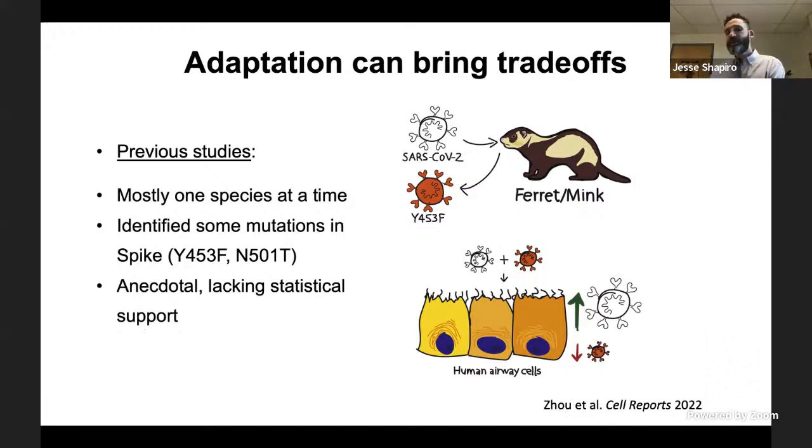So there can be a trade-off where if you select to infect one animal, it might reduce the ability of the virus to infect humans. So that could be potentially a good thing, but it's something that we certainly want to know about.